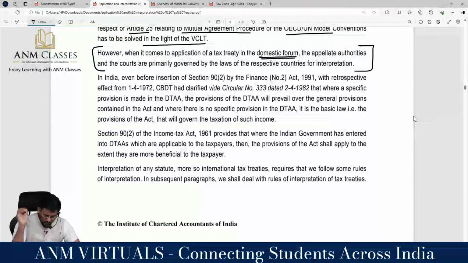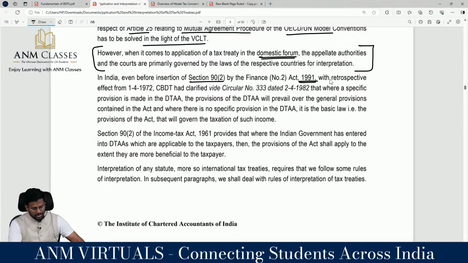In India, even before the insertion of Section 90(2) by the Finance Act 1991, with retrospective effect from 1972, CBDT had clarified by a circular that where a specific provision is made in the DTAA, it will prevail over the general provisions contained in the Act, and where there is no specific provision, the basic law, that is the provisions of the Act, will govern the taxation of such income.